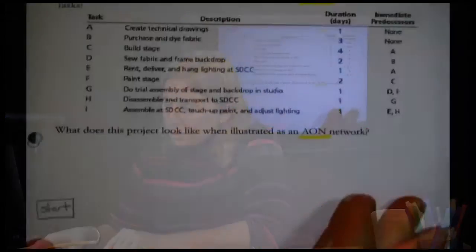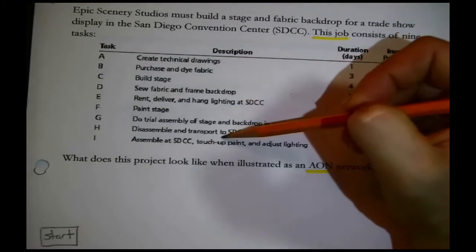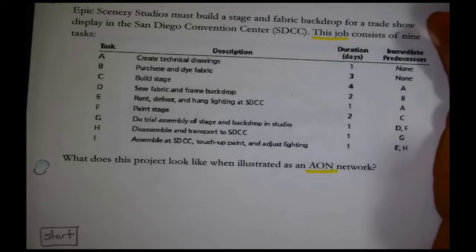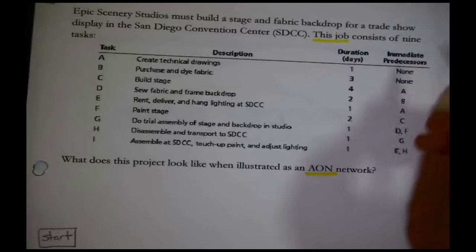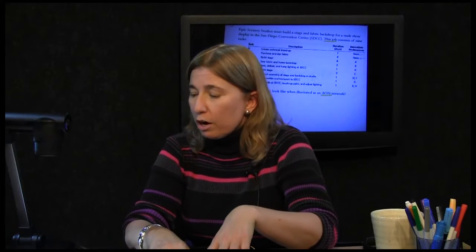Scan the task data. These are the individual activities up here. What are you looking for? You are looking for activities that don't have any immediate predecessors. Why? Because by definition, those are tasks that you can get started on right away. It means there's nothing that needs to be done before these tasks are started.